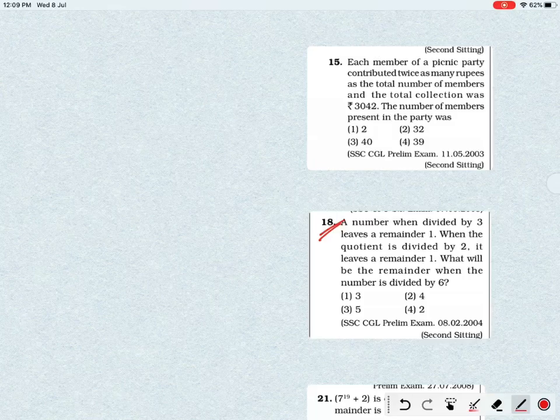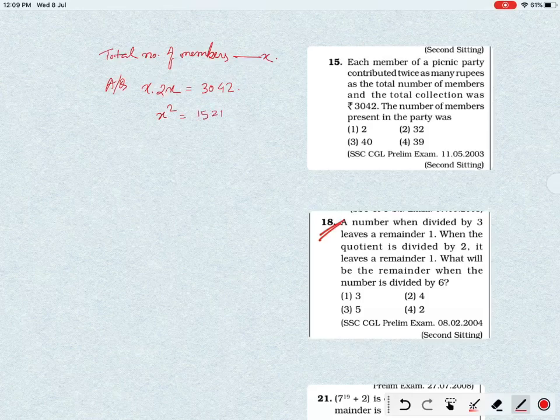Okay, so let's say the total number of members is x. According to the question, x into 2x is equal to 3042. So x square is equal to 1521.